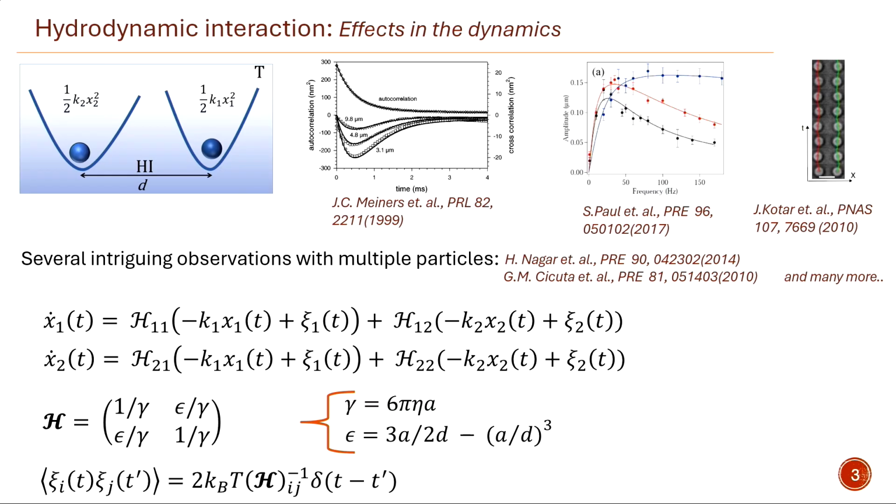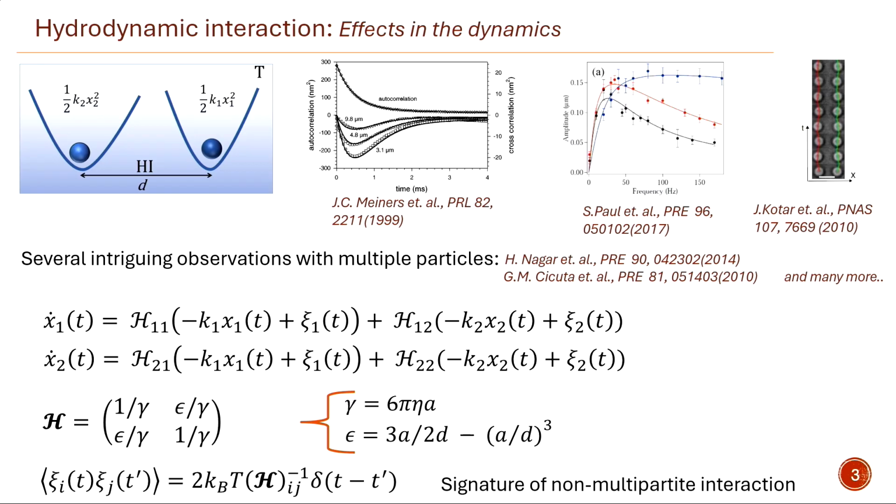Interestingly, here the deterministic force as well as the stochastic force are both coupled via a hydrodynamic interaction tensor, which consists of this epsilon, the coupling term, which depends on the size of the particle as well as the distance between them, and the noises involved are cross correlated like that.